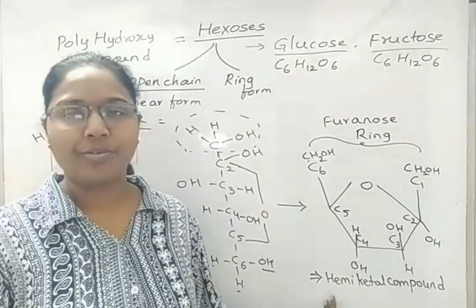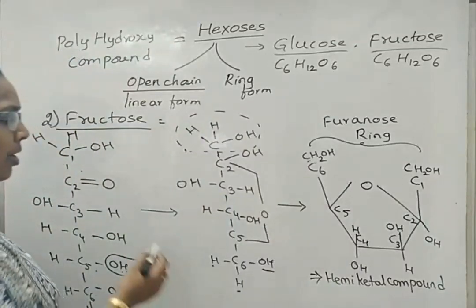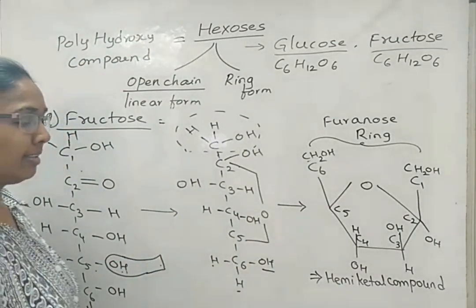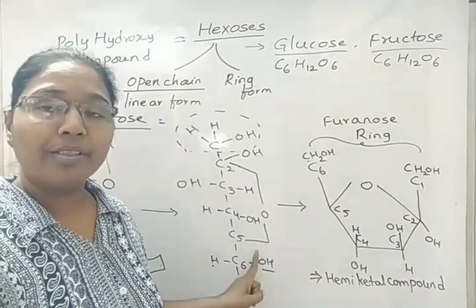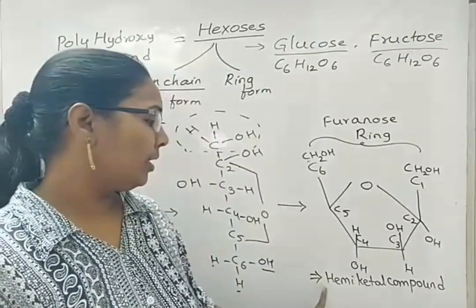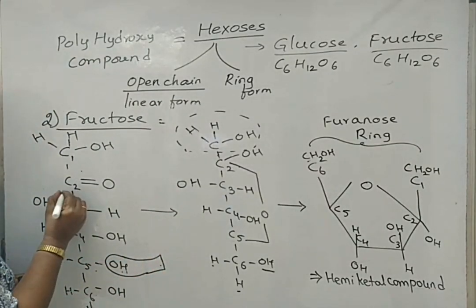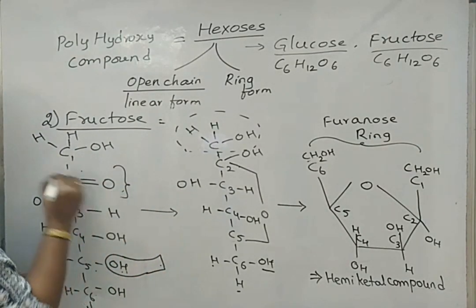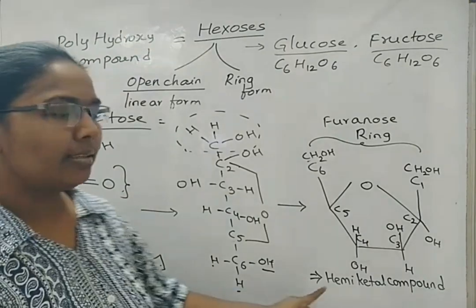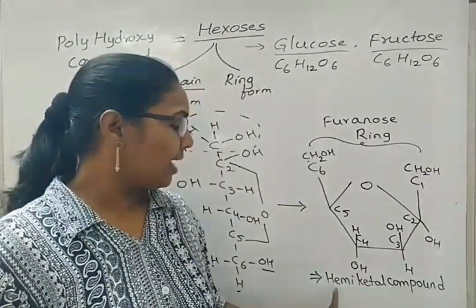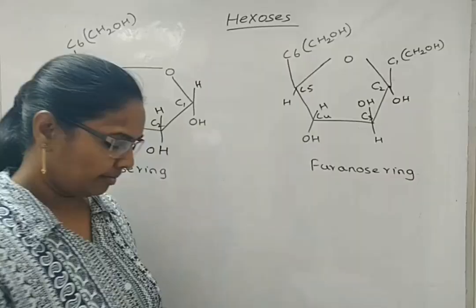But in case of fructose, the bond is formed between carbon 2 and carbon 5, but within the molecule. Since a ketone group exists at the second carbon, we give another term for the fructose ring form: it is a hemiketal compound.